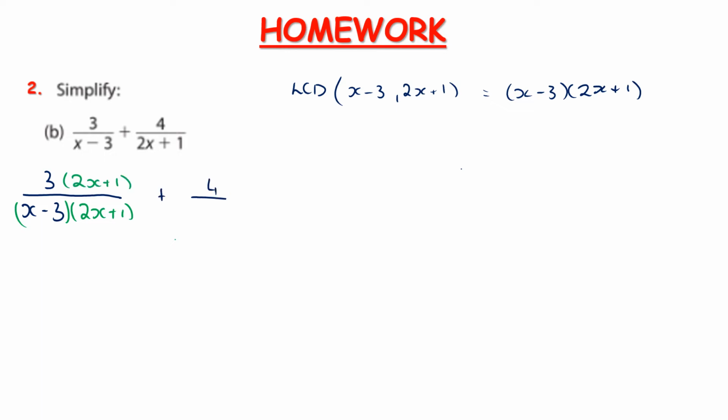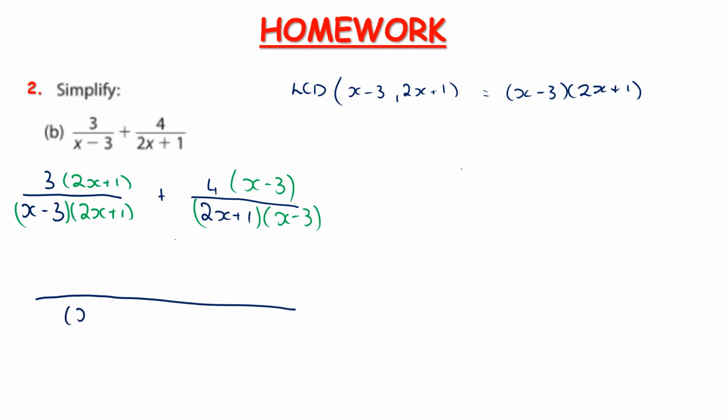Plus 4 over 2x plus 1. We're going to multiply that denominator by x minus 3 and also the numerator by x minus 3. So this means we have (x minus 3)(2x plus 1), and we get 3 times (2x plus 1) plus 4 times (x minus 3).